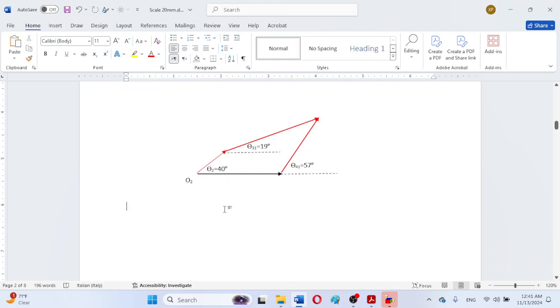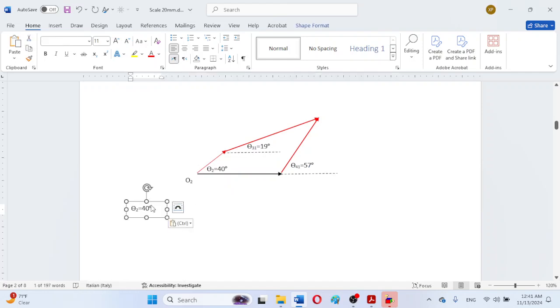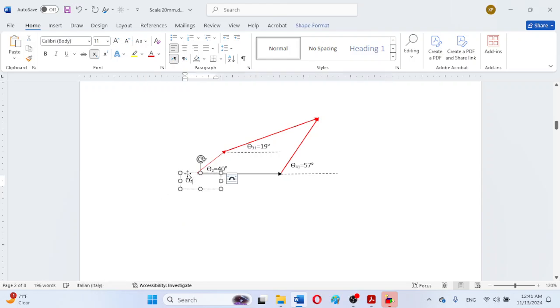In a similar manner, we can copy paste this link here, that this is O4.